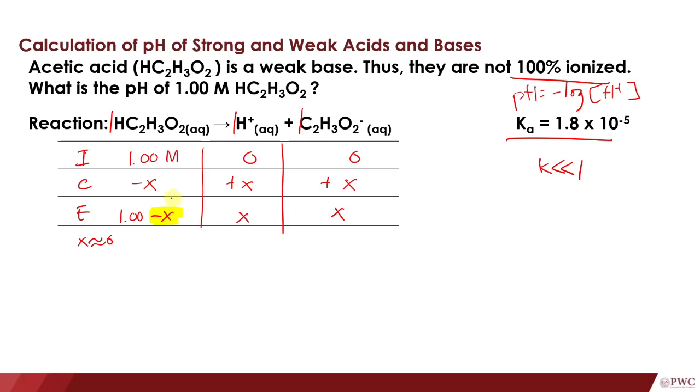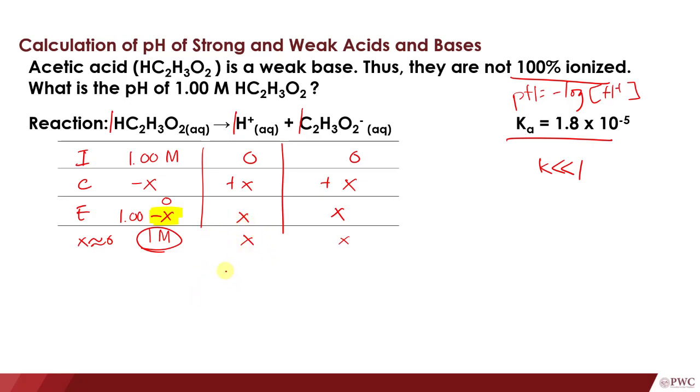So if we assume this one is 0, then 1 minus 0 is equal to 1. So here we have 1 molar for this one, then here we have x, and here we have x again. So next we are finding the concentration of H plus, but for now it's still x. So we need to find out the value of x in this case.